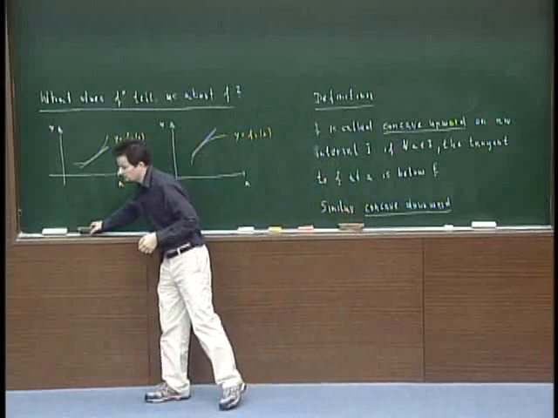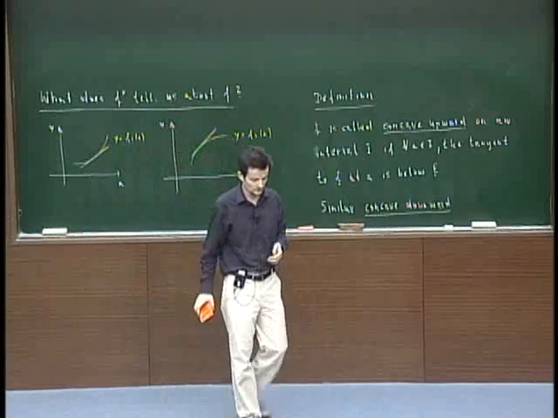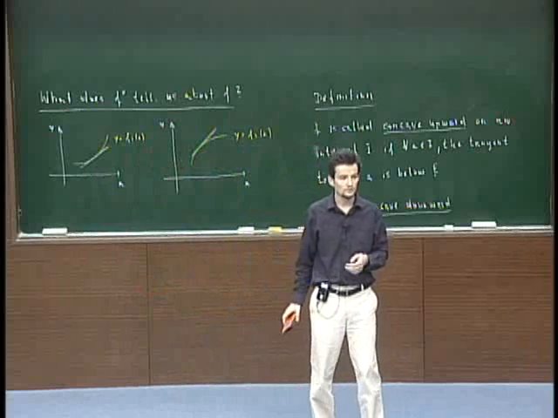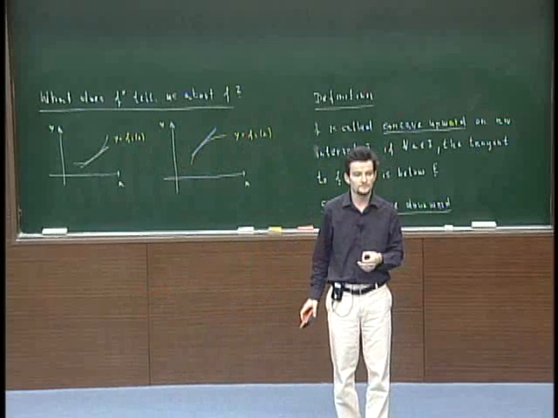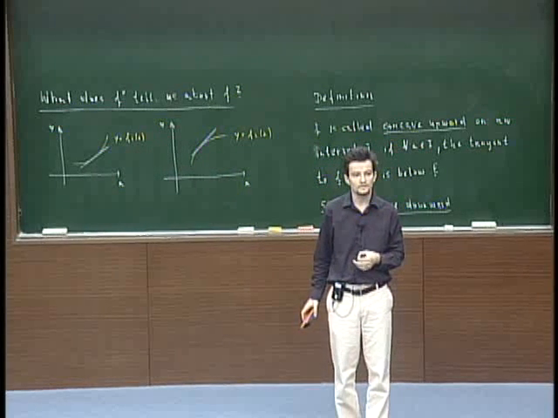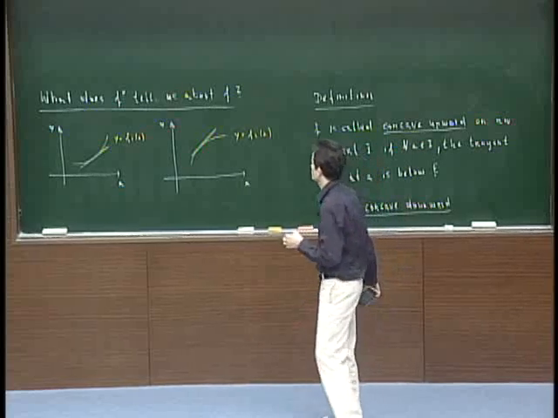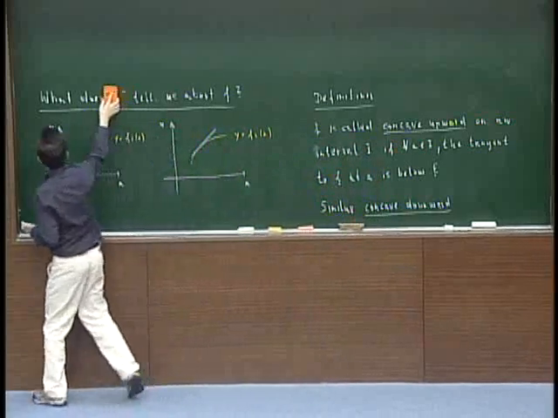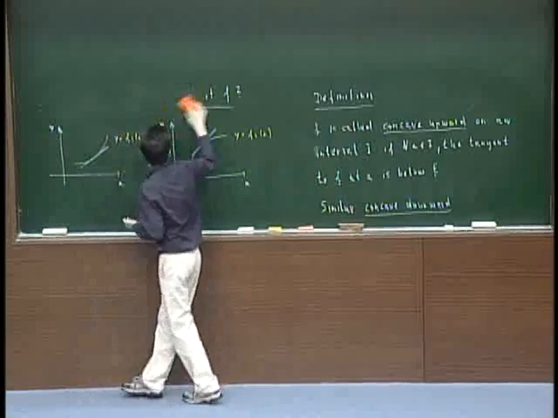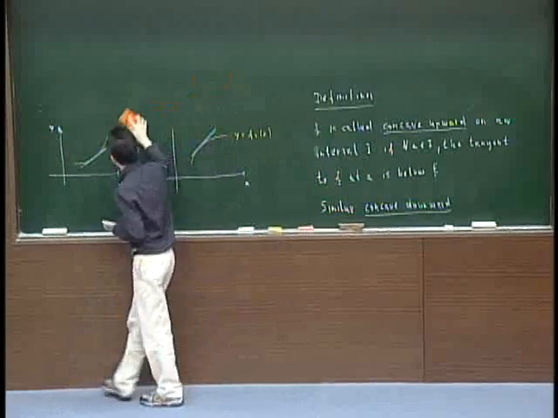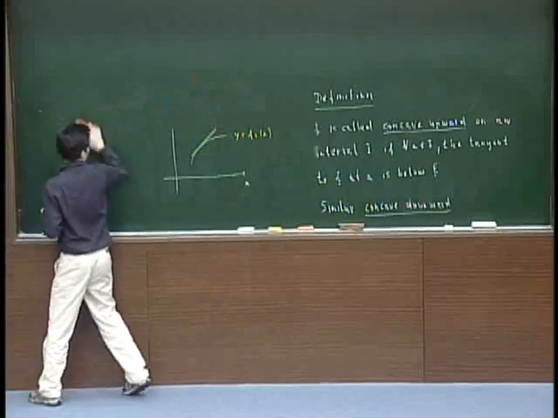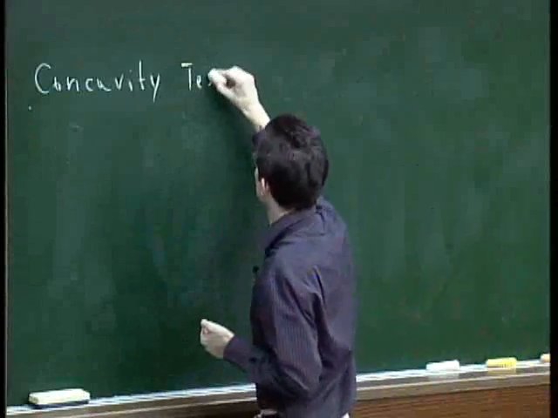So we have a test similar to the one we saw last time for monotonic behavior, now for concavity: if the second derivative is larger than 0 or smaller than 0, then the function is concave upward or concave downward, respectively. This is called the concavity test in our textbook.